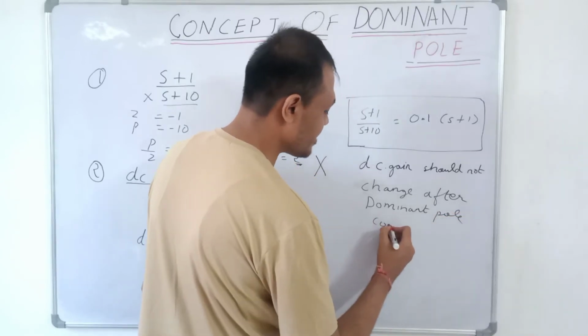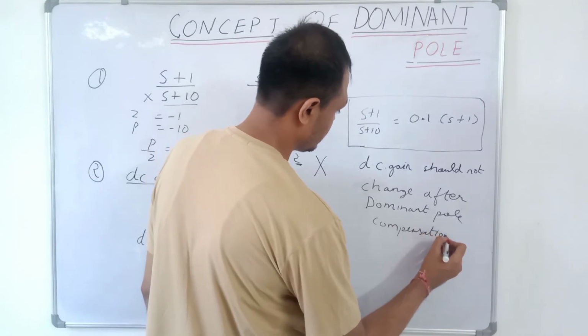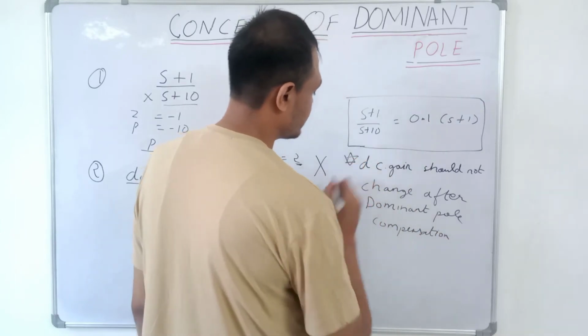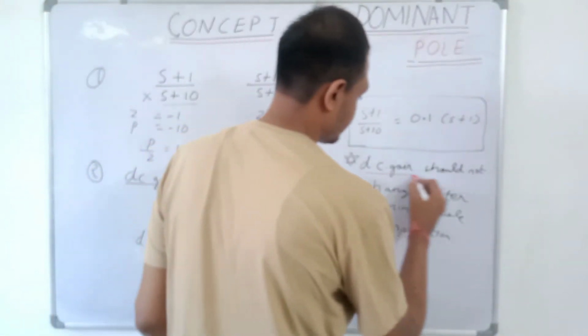Mark this as very, very important. This is a very, very important concept, that DC gain should not change after dominant pole compensation.